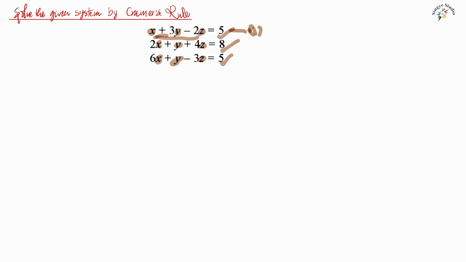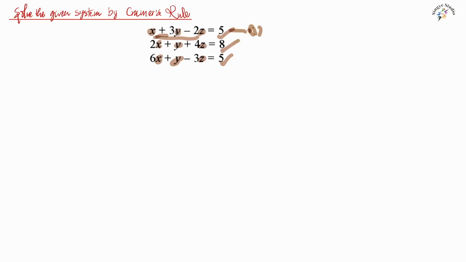The first thing that we need in Cramer's rule is our determinant d. And the determinant d is formed by the coefficient of the system of linear equations. Therefore, let us calculate our determinant d. Here we have d equals to, let's write the coefficient of x here, y here, and z here, okay?